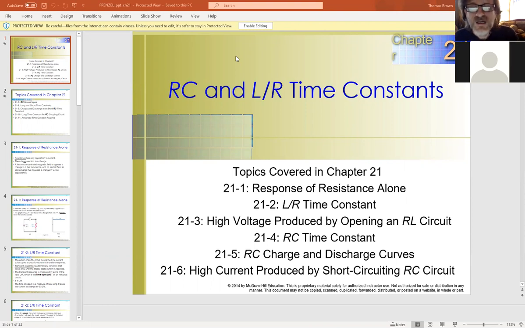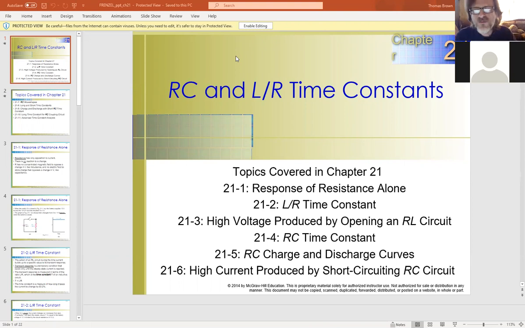But at this point, now we're going to start looking into some of the nitty gritty, as you can see by the title here, RC and LR time constants. I know, I'm so excited. I know you are too.